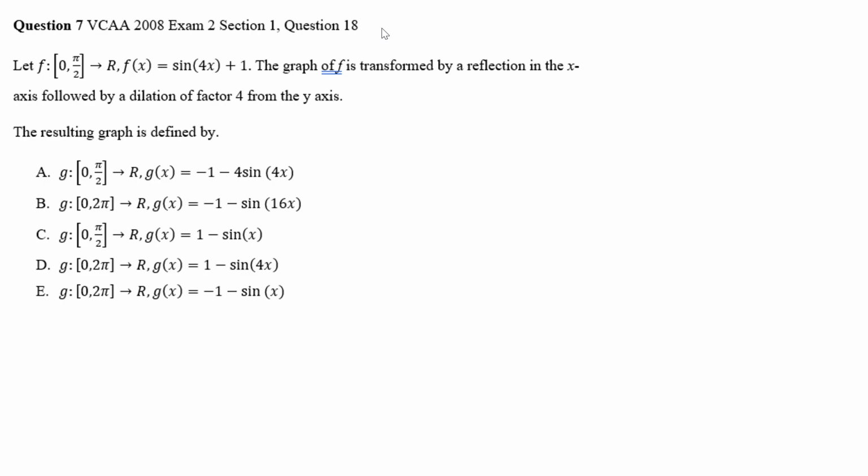So the first thing we need to be thinking about here is this part, the reflection in the x-axis. For anything to be reflected in the x-axis, so if I have, say, a point here, 1 and 2, for that to be reflected, the y value is going to be changed.